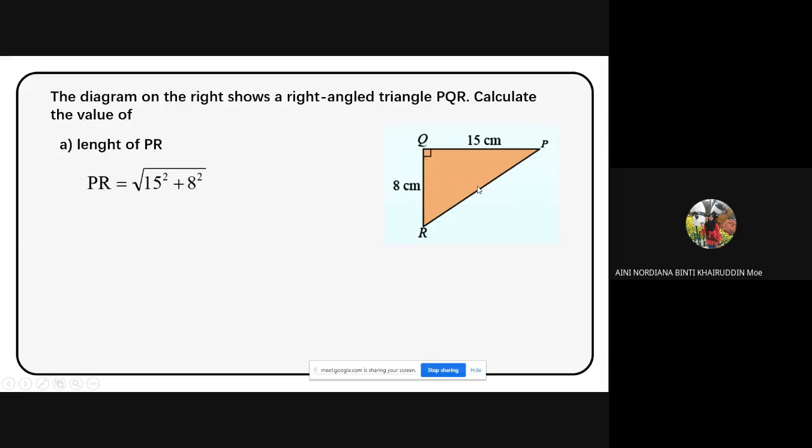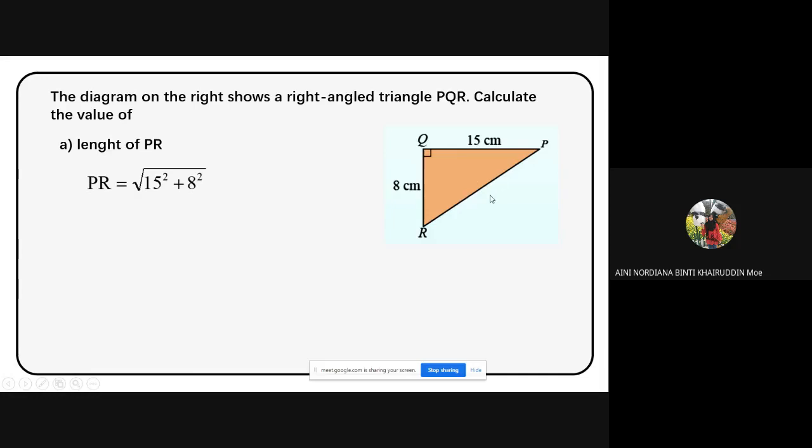If you want to calculate the length of the hypotenuse, you just plus the square of this side and the other side. If you want to calculate the side, not the hypotenuse, you just take the hypotenuse square minus the other side.